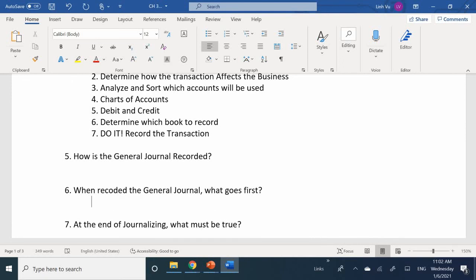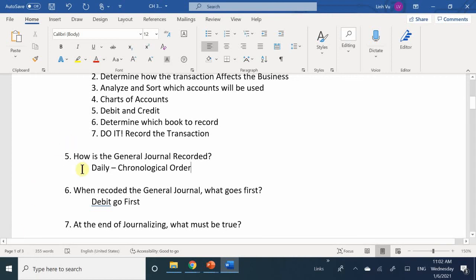So this one is, when recording the general journal, what goes first? And you record daily. Yes, daily. Debits go first. If you're doing it daily, you're going to place it in chronological order, so in order by date, and debits go first.